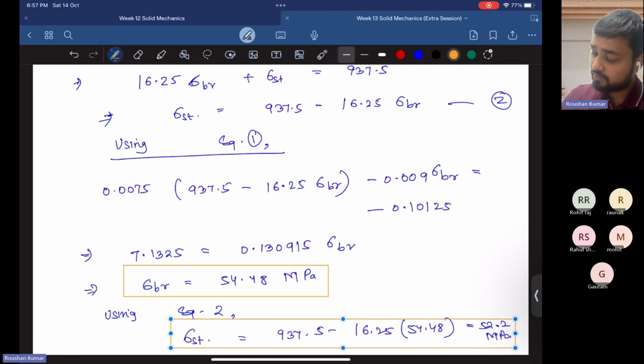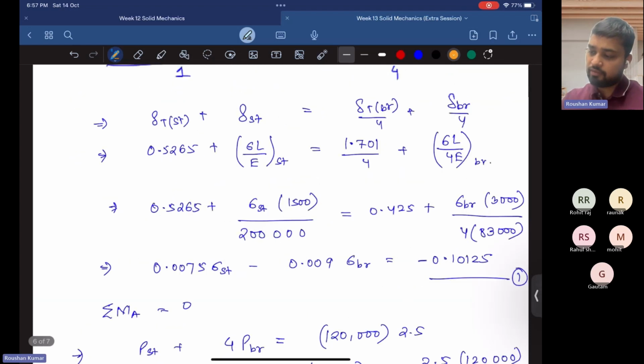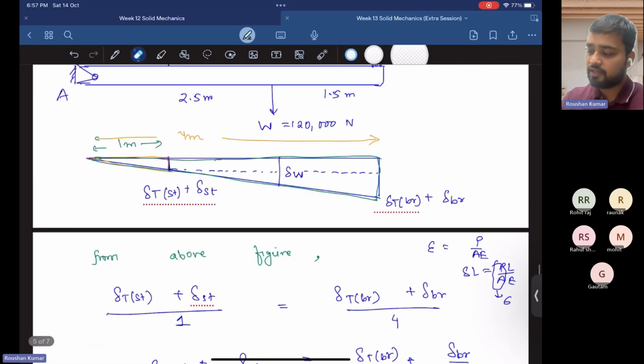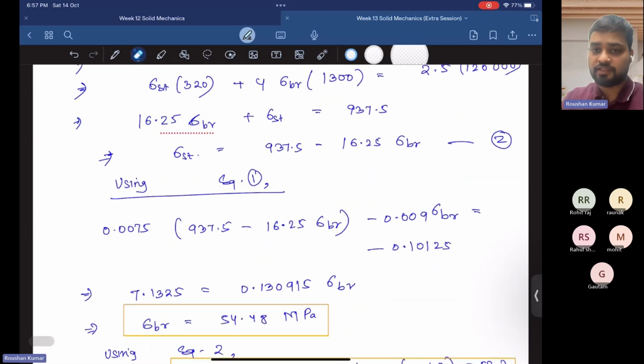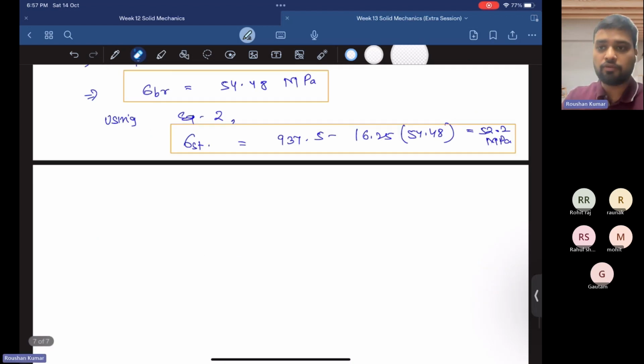So this is the value of sigma of the steel. The question is asking to find the value of stress in each rod if the temperature rises by 30 degrees Celsius. We already found the stresses: in the steel bar, 52.2 megapascal stress is induced, and in the bronze bar, 54.48 megapascal stress is induced. So this is all about question number 3.